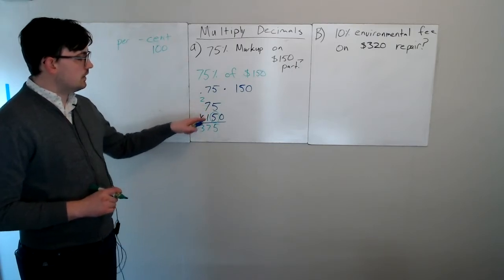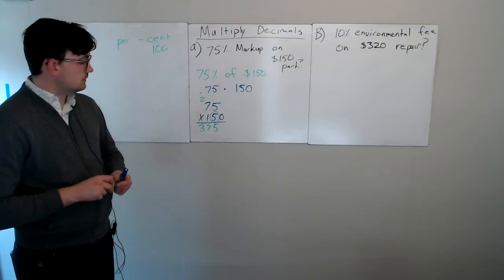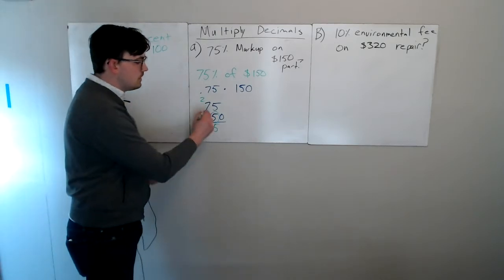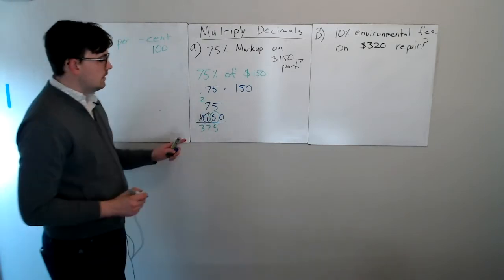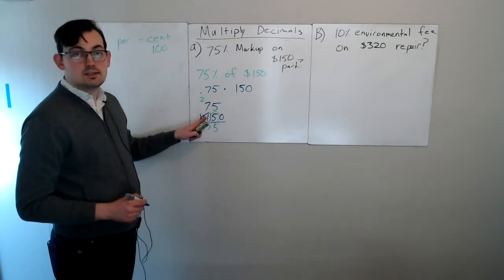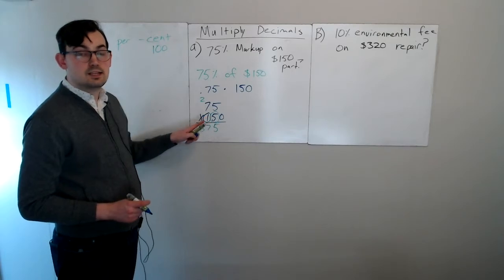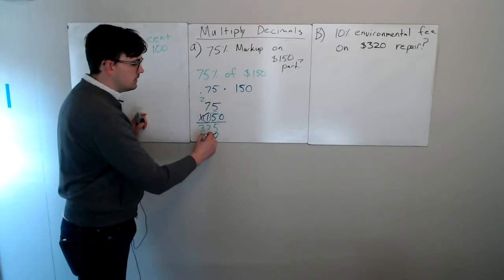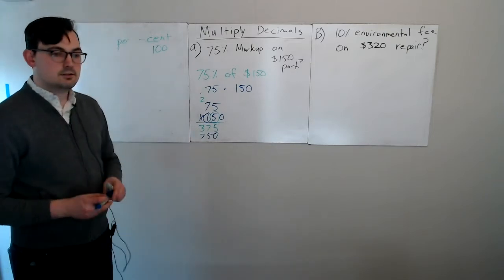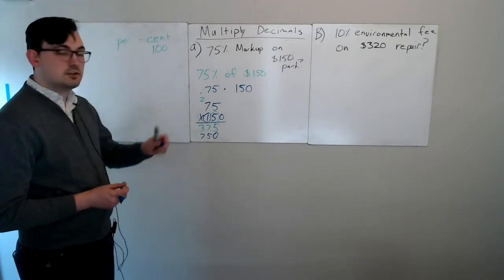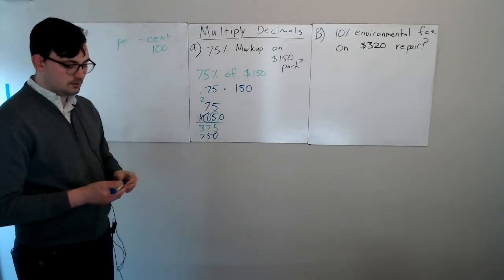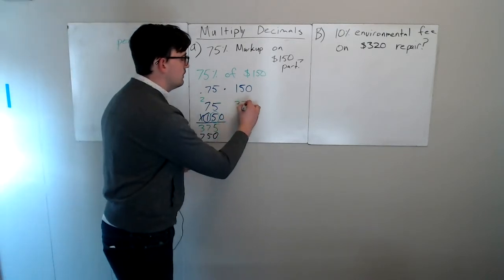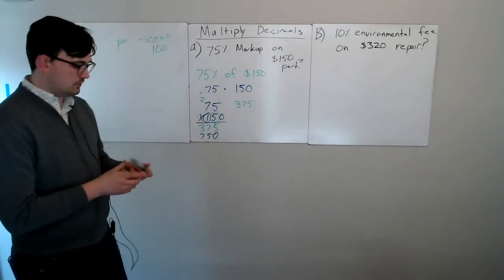And then 75 times 1, that's our next one. That's easy math. Now, because of where this is, it's not just 1, it's actually 10. So I want to add a 0 here, and then I'm going to do 75 times 1. You'll notice that I ran out of space here, so I'm going to move it up here and say, okay, I've got 375 plus 750.